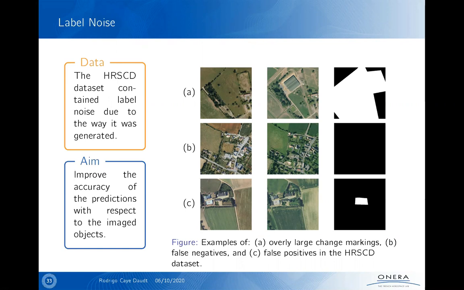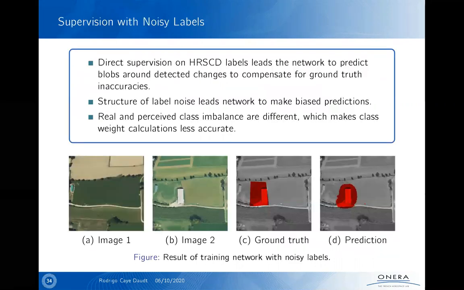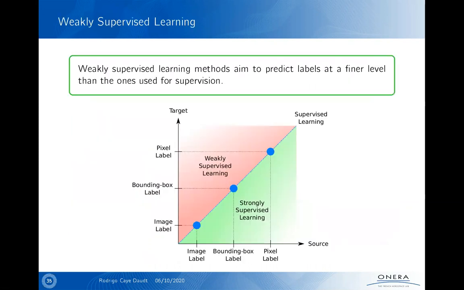So the markings were always a bit too large. And the consequence of this was that the network cannot really guess where humans draw imaginary lines. So it was good at detecting the changes, but it always predicted a bit too much change around the new object. So what we're trying to do here is make more precise predictions of changes around the objects and try to remove these extra predictions.